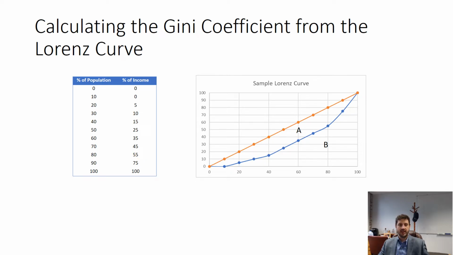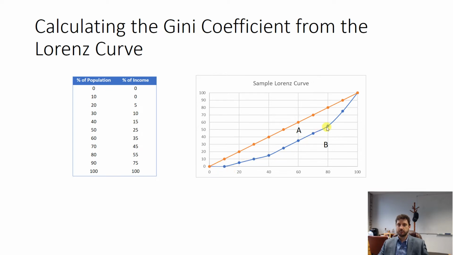And then going from the 80th percentile to the 90th percentile, they get 20% of income. So we go from 55 to 75. And then the last decile, the top 10%, gets 25% of income. And so we move from 75 to 100. And of course, we have to end at 100 because 100% of the population has to have 100% of the income.